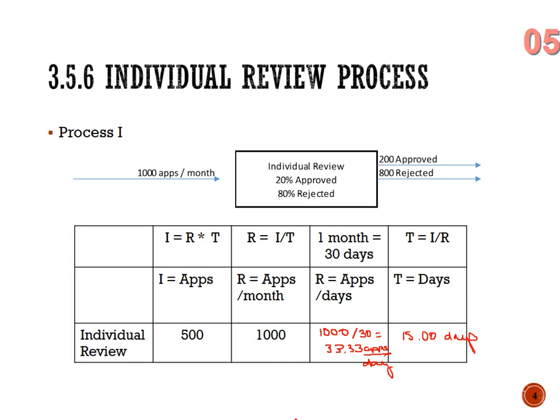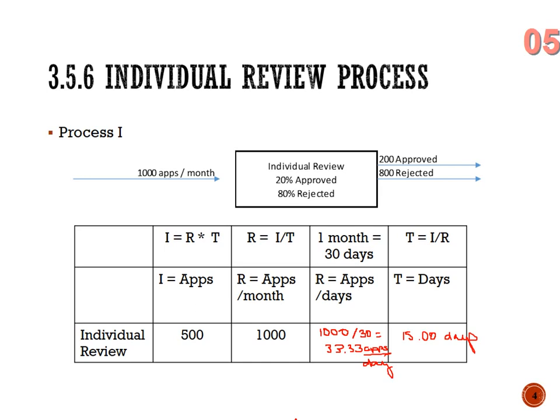Then they went on to say that because the percentage of approved applications is fairly low, they are making a recommendation that an initial review team be set up to pre-process all applications according to strict but fairly mechanical guidelines, so I can look at it and make a quick decision on what needs to happen with it. So each application would then fall into one of three processes.